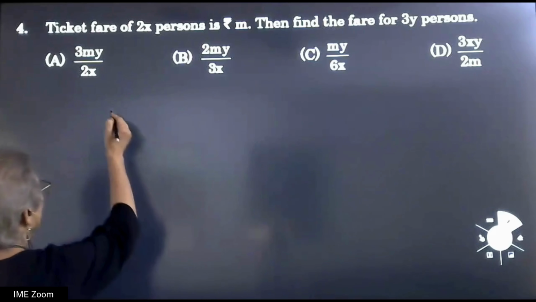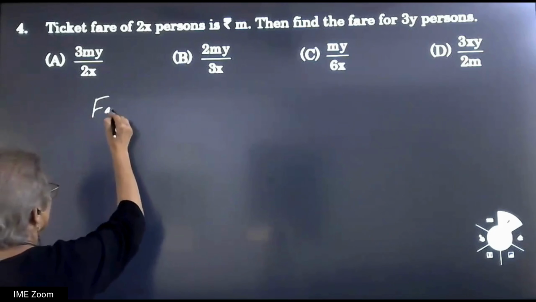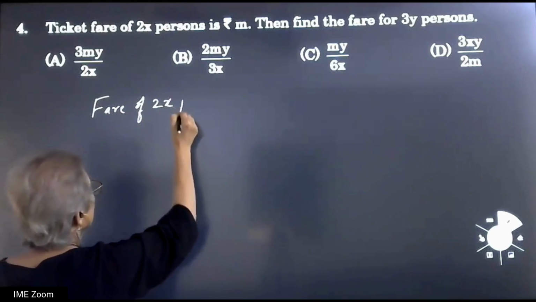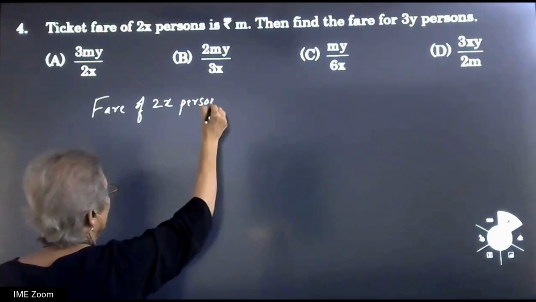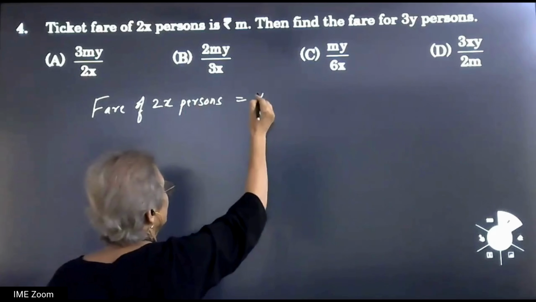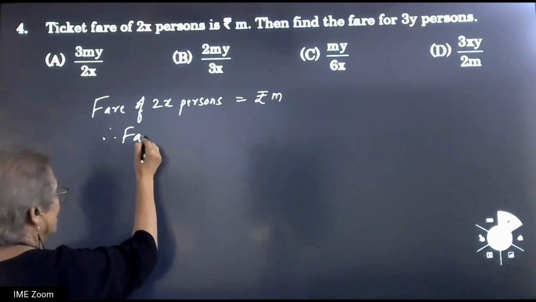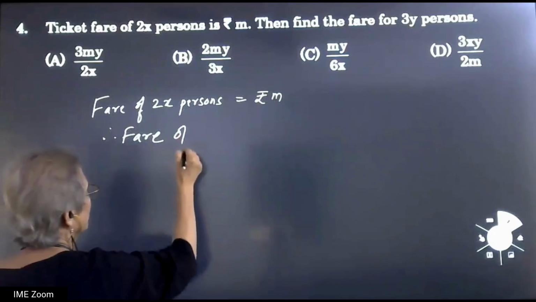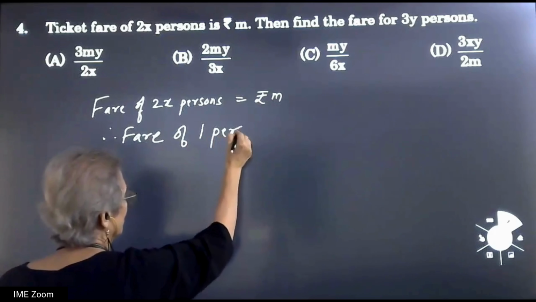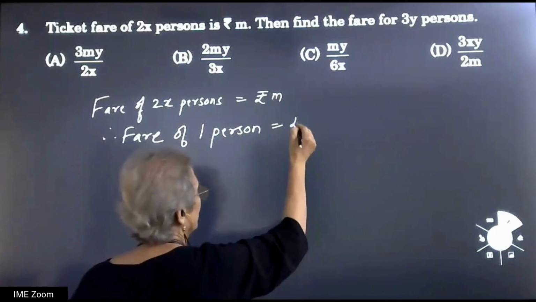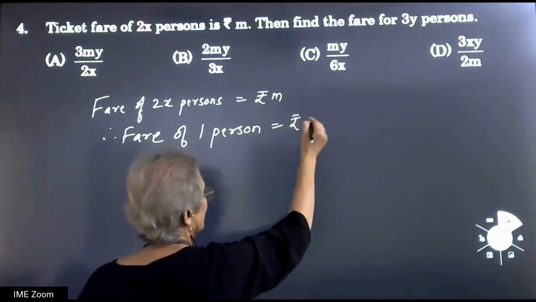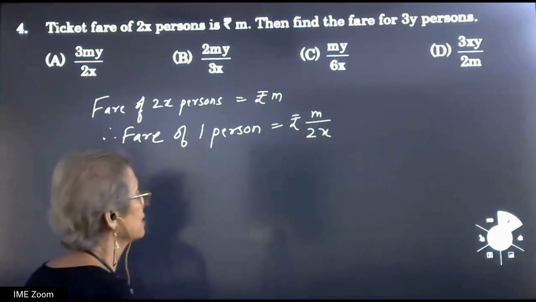So let us find out fare of 2x persons equal to rupees M. And therefore fare of one person equal to rupees, again division, unitary method, one person means we have to find for one unit, and that is equal to M upon 2x.